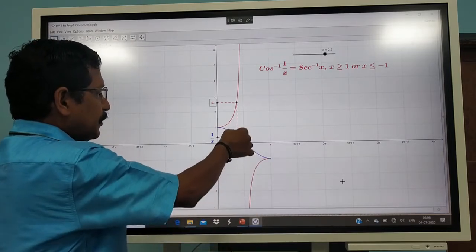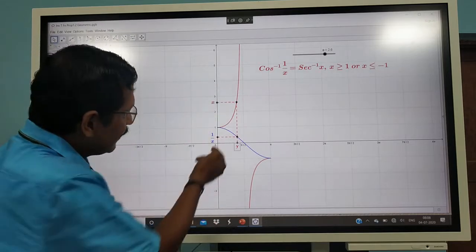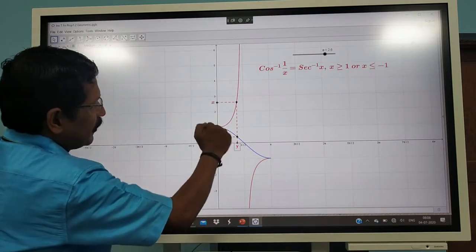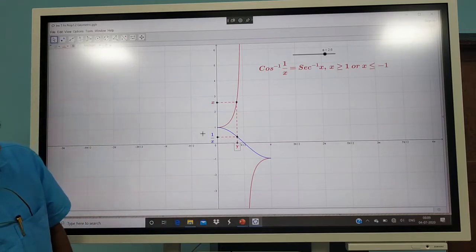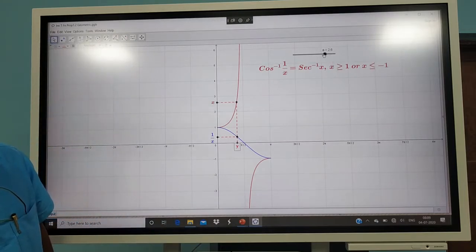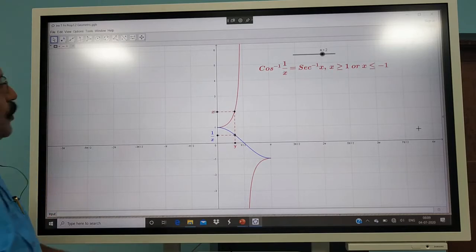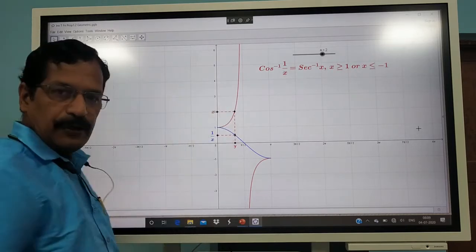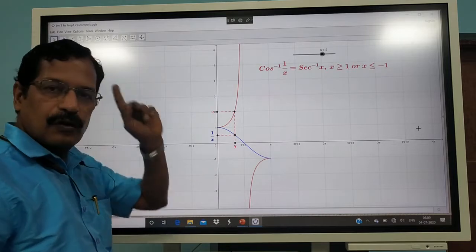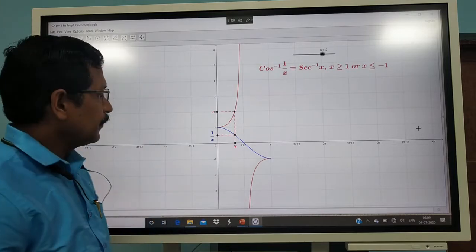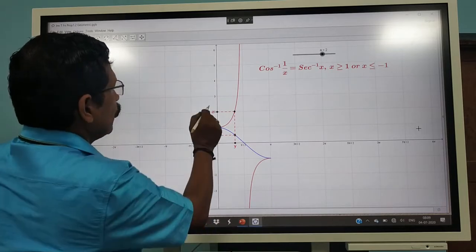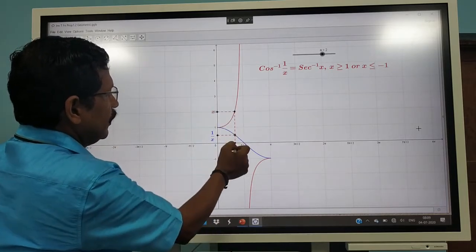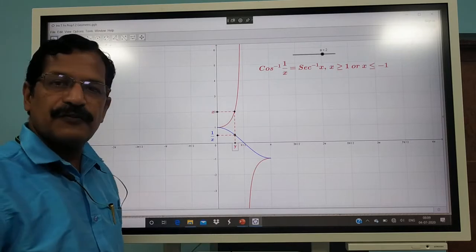If you draw the same perpendicular, we get the same value, and here if you draw a line perpendicular to the x-axis, we get this point, and that is 1 by x. If I change the value to 2, it is 2, and here it is 1 by 2. So this is x, this is 1 by x. This is 2, this is 1 by 2, so it is 1 by x.